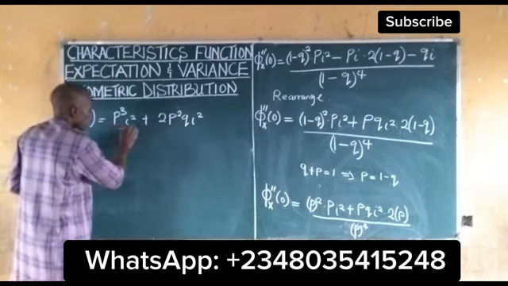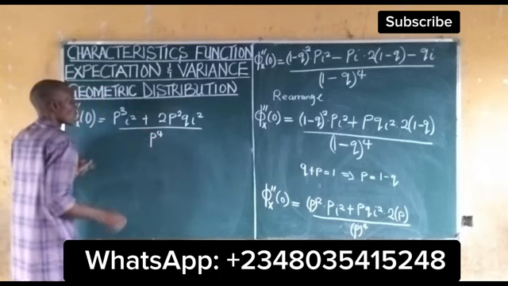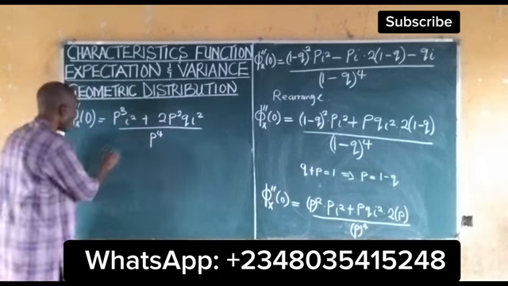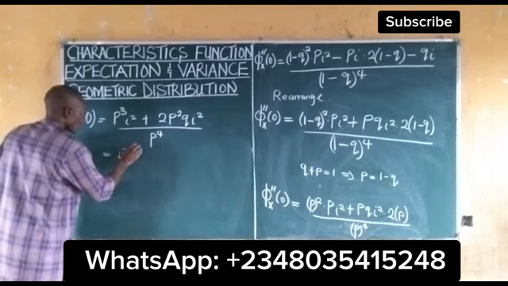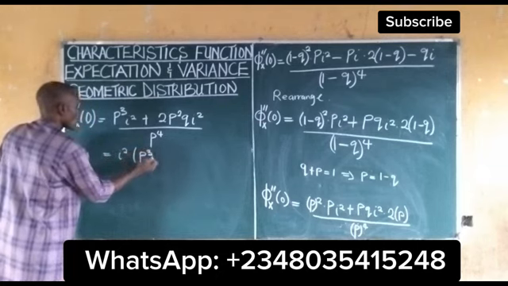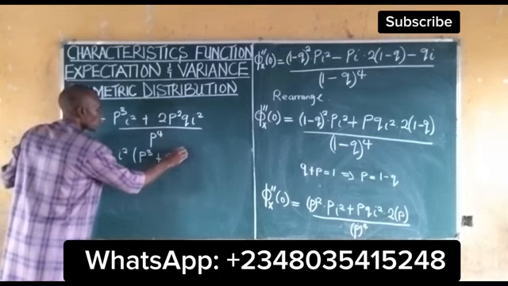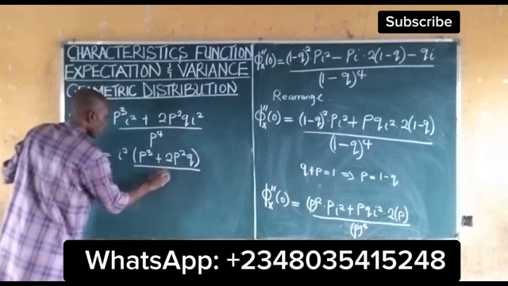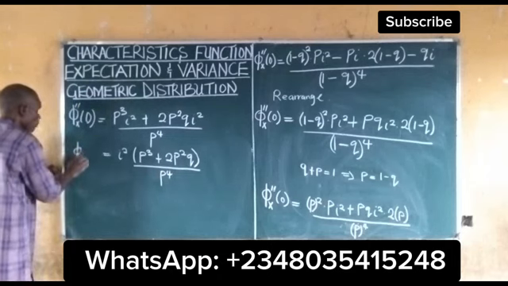So this is what we have all over p4. Of course, we have something similar here, i squared and i squared. So we'll bring it out to give us i squared to be equal to i squared into p3 plus 2p squared q all over p4.